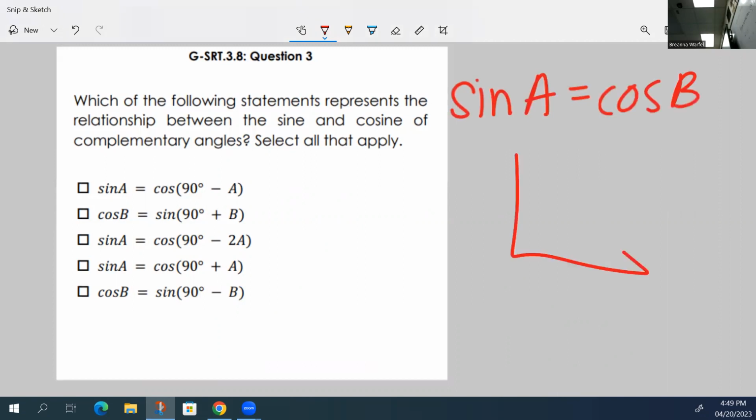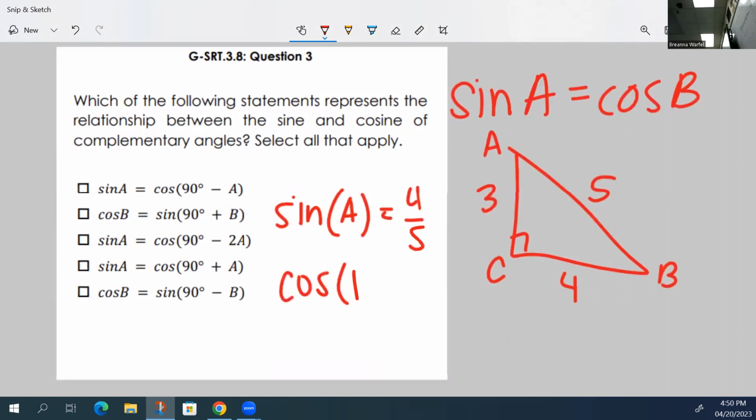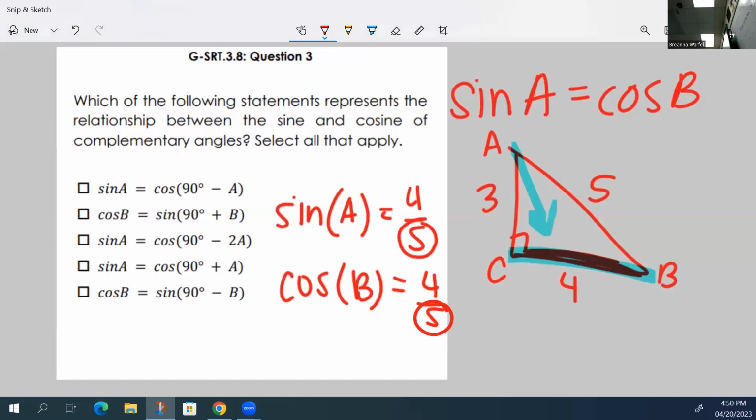Say you have this triangle, let's call it 3, 4, 5, and A, B, C. If you have sine of A, it's going to be opposite over hypotenuse, so 4 over 5. If you have cosine of B, that means you're talking about the side that is beside B, which is always across from A. So you're going to get the same ratio every time, because sine and cosine are both over the hypotenuse, so your denominator is always the same.